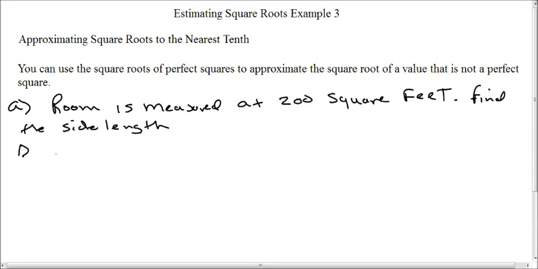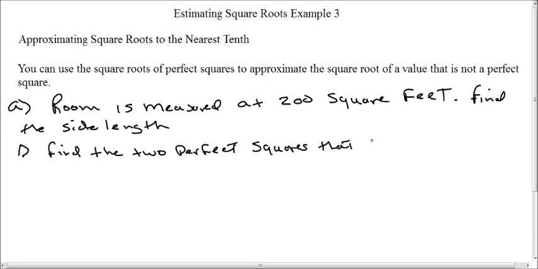What I mean by that is we want to find the two perfect squares that the square root of 200 falls between.